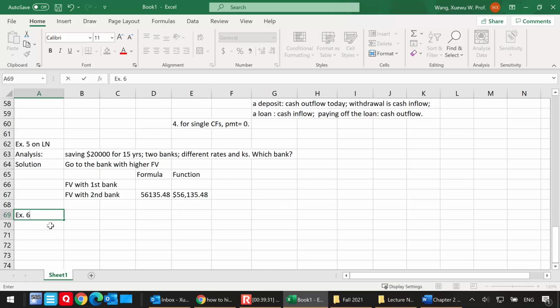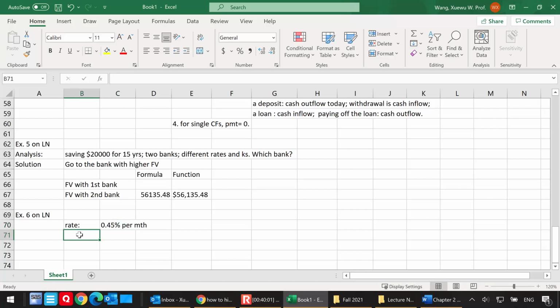Okay. Example number 6. All right, you can earn 0.45% per month at your bank. If you deposit $1,500, how many years must you wait until your account has grown to $3,600? All right, so interest rate, 0.45% per month. Okay, so this is already a monthly interest rate.